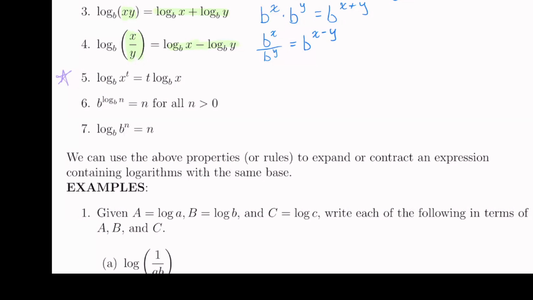Property 5 is one of the biggest lifesavers when it comes to being able to solve exponential equations. And all it does is allow us to move an exponent to a coefficient.